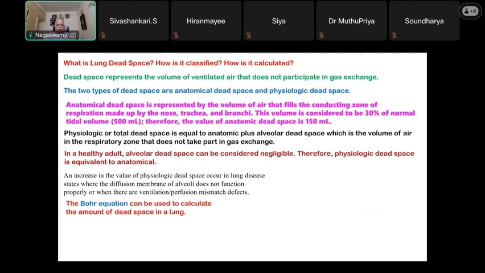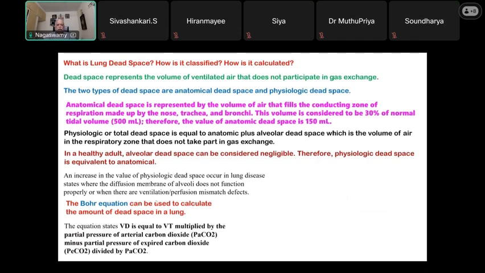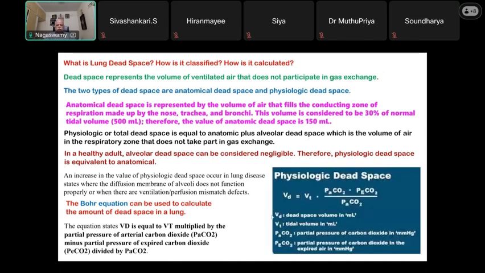And the Bohr equation can be used to calculate the amount of dead space in the lung. That is a very important concept. Here Vd is equal to Vt multiplied by the partial pressure of arterial carbon dioxide minus expired carbon dioxide, divided by arterial carbon dioxide. This is the formula commonly asked in the examination, on how to calculate the dead space.